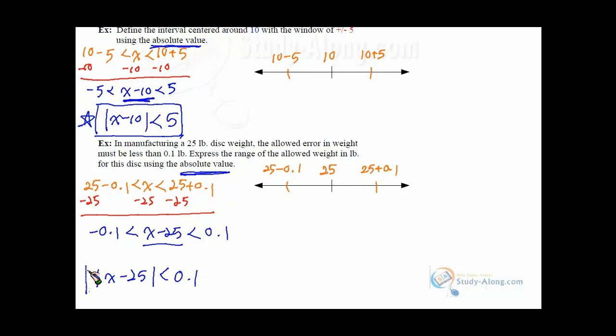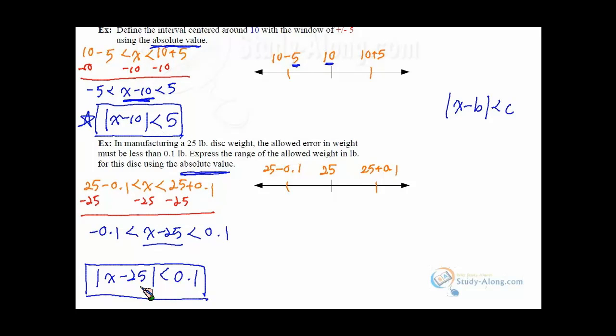Okay, so you can see here how using the formula would have been really easy, right? For this one over here, the formula is what? I'm going to write it on the side so you know. It's the absolute value of x minus b, with b being the center, is less than c, being the plus or minus value. So here, what's the plus or minus value? 5. What's the center? 10. So x minus 10, the center, is less than 5. Boom, you could have just entered it in.